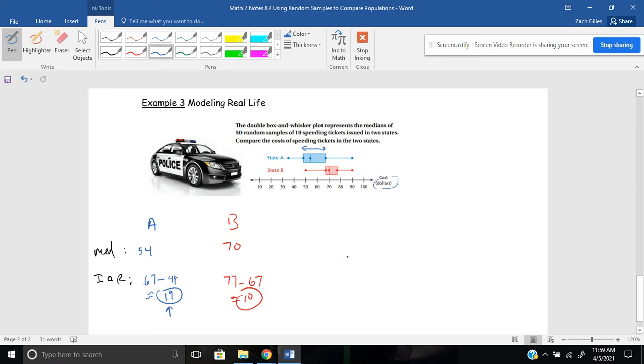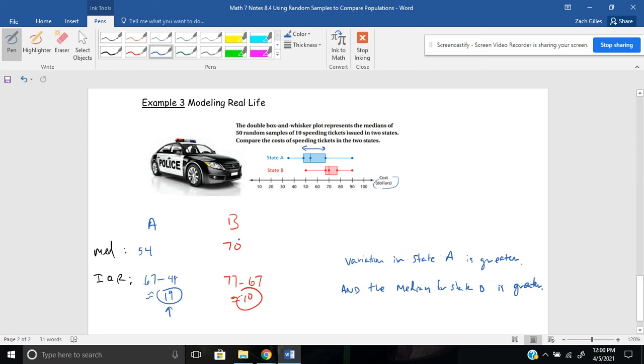So the variation in state A is greater than in state B. And I'm going to say, and the measure of center, or the median, for state B is greater than in state A.